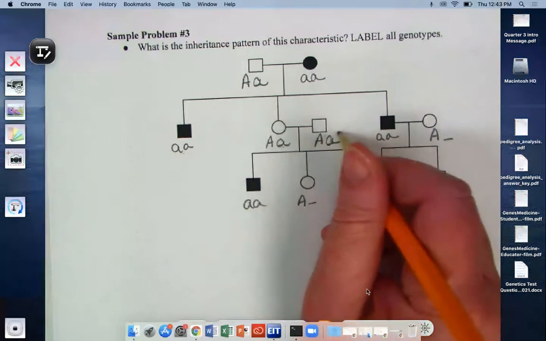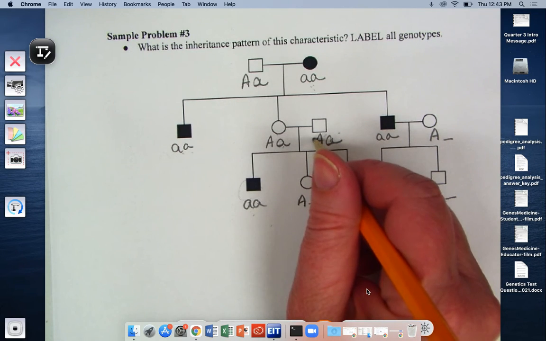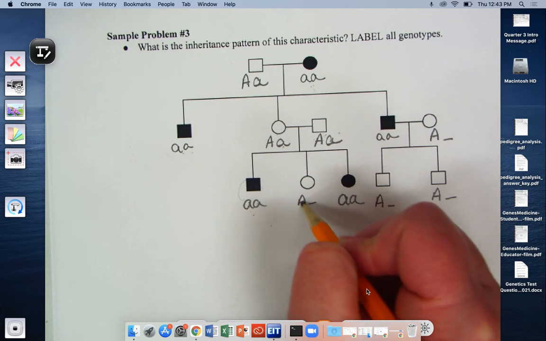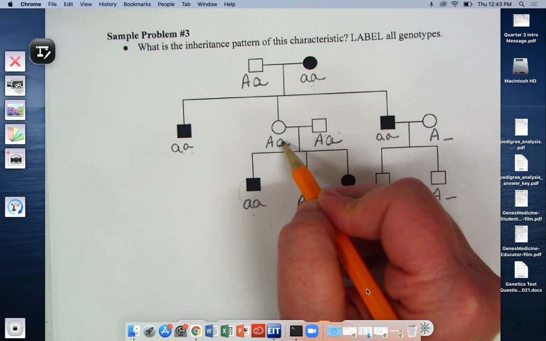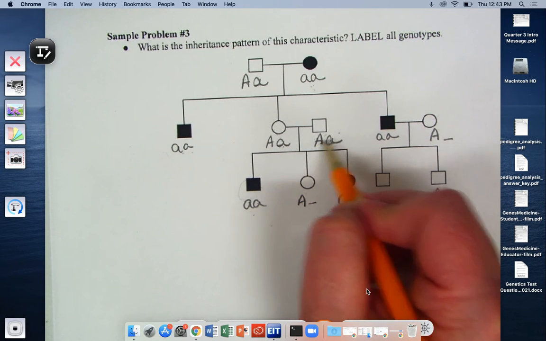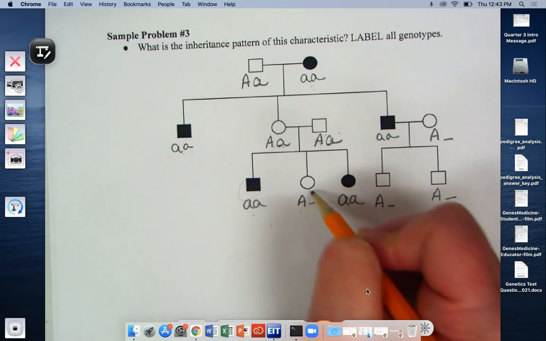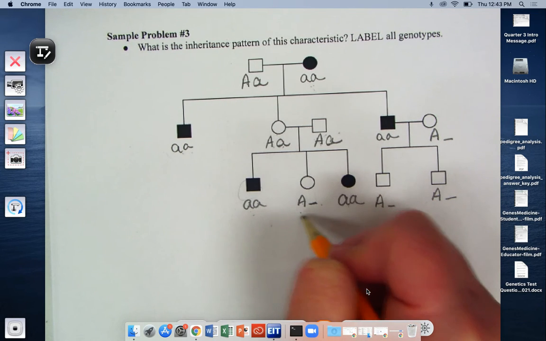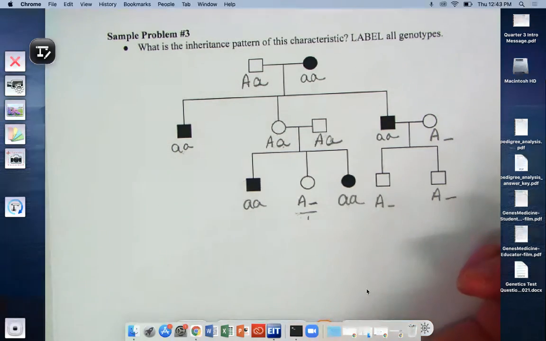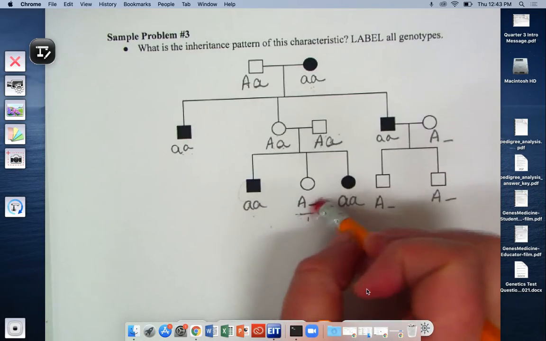So now this parent that's heterozygous could have given this one, or this one, this one, or this one. So we know they got a capital A, but it could be another capital A or a lowercase. So we cannot determine this one. We're going to have to leave that one the way it is. We don't know.